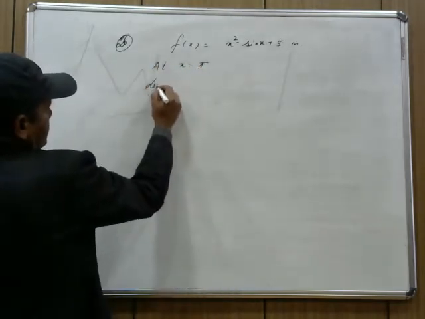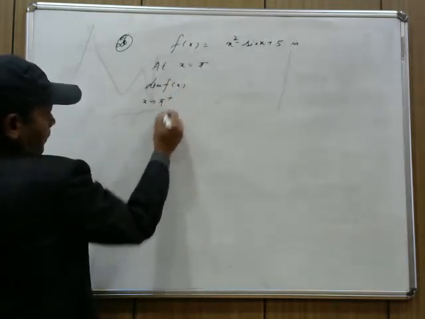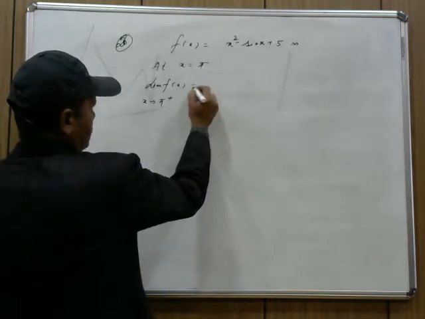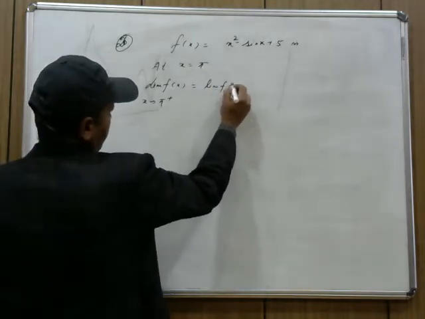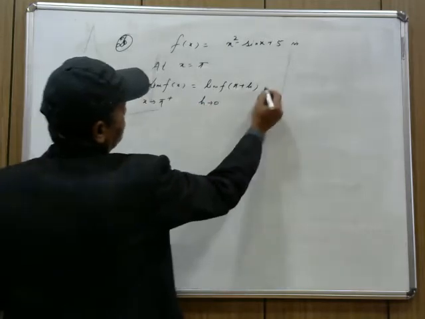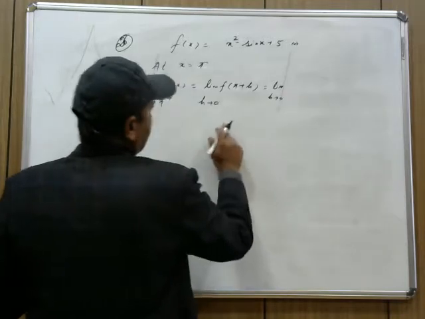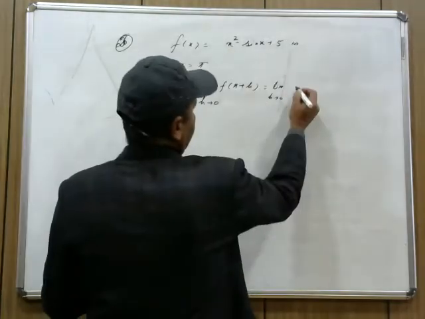Now limit f of x as x tends to pi plus is equal to limit f of pi plus h, as h tends to 0. What will I write here now?